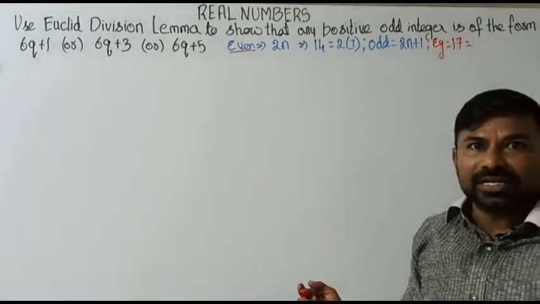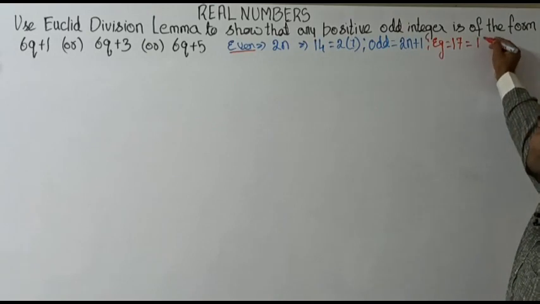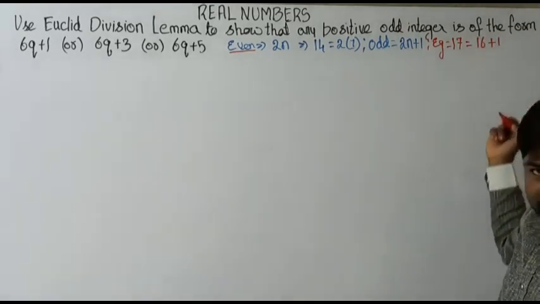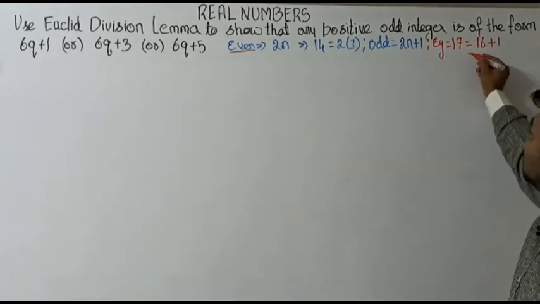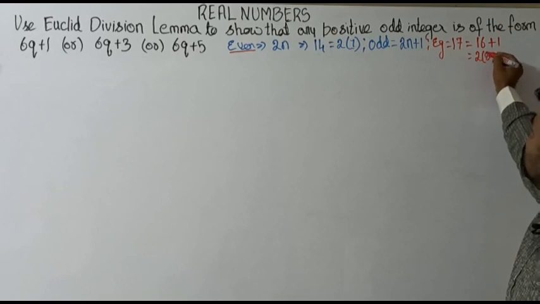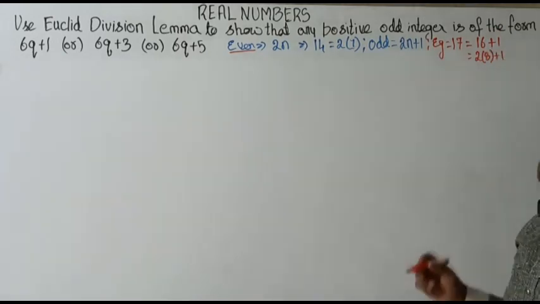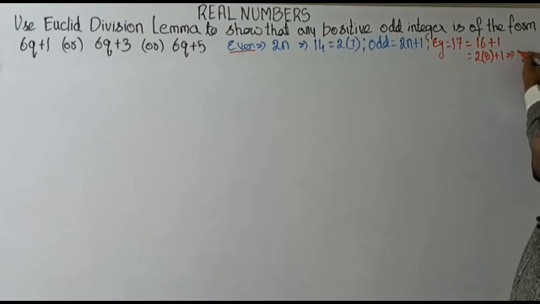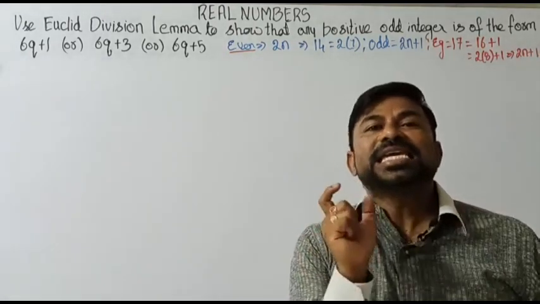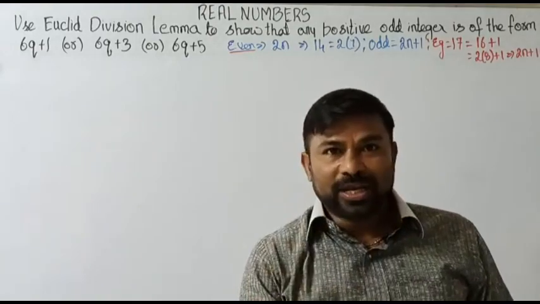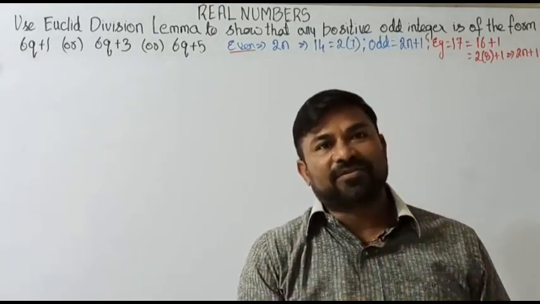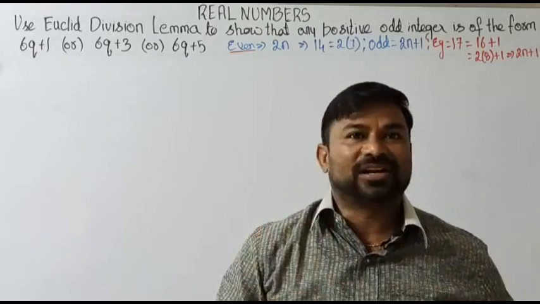Can I write 17 as 16 plus 1? Yes, and that 16 is 2 into 8, so 17 is 2 into 8 plus 1. See here, it is in the form of 2n plus 1. Any even number is in the form of 2n and any odd number is in the form of 2n plus 1. Those are the general definitions.